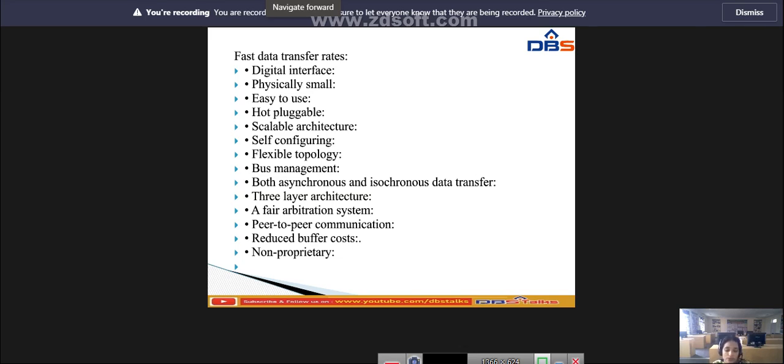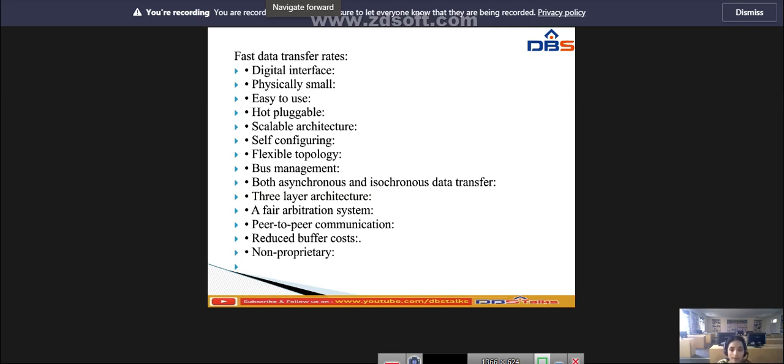There is no need for terminators, device IDs or elaborate setup.